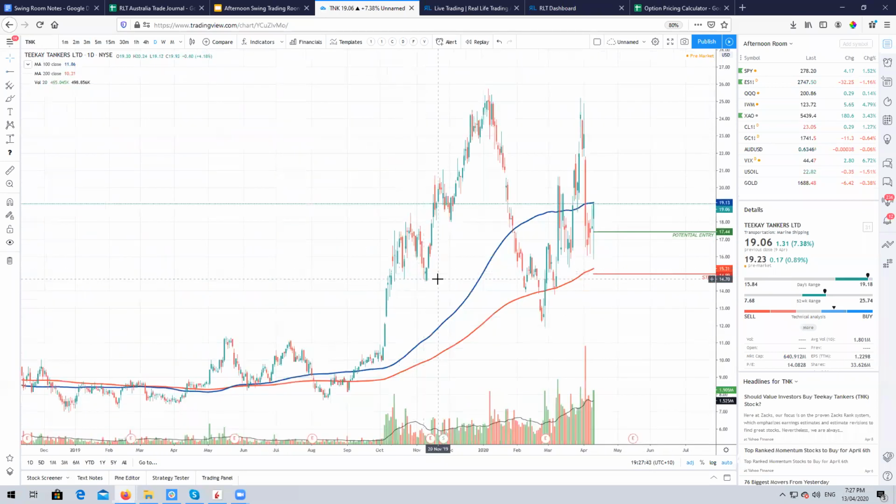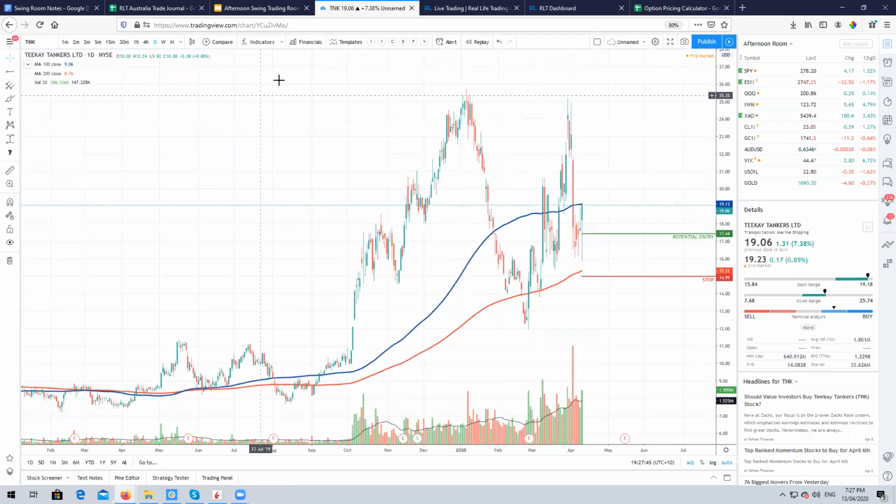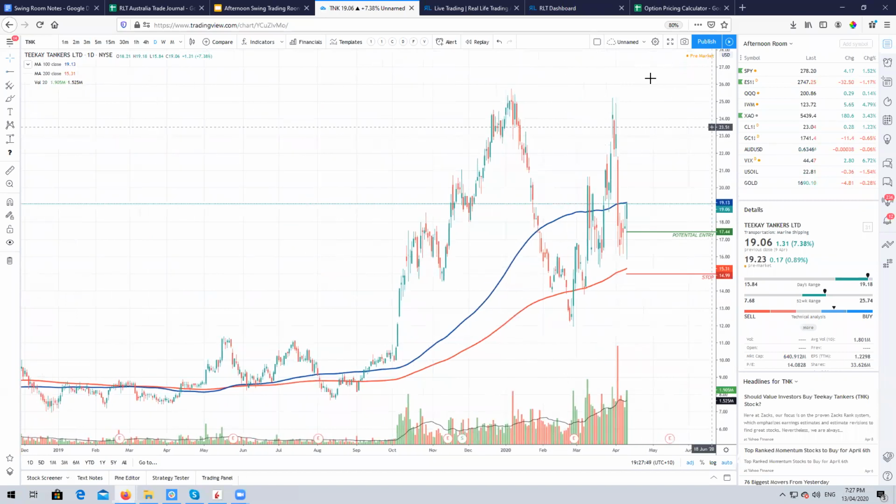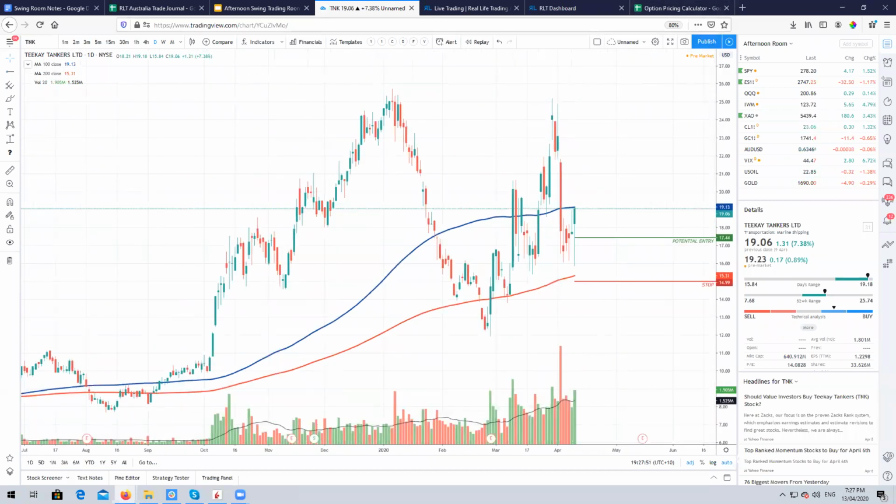Awesome. So if you guys wanted to look at that one, there is your setup. I'll just put this into Slack for you as well. Actually, we might even set this one up as an official trade. Yeah, I'll set this one up as an official trade.